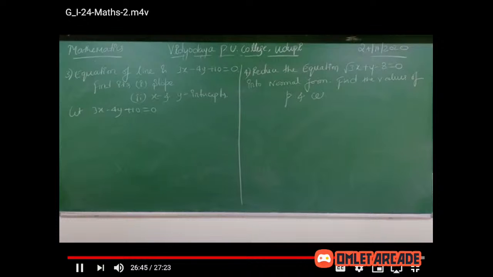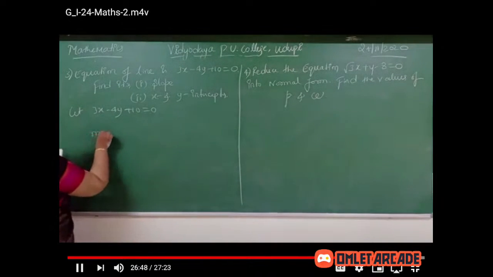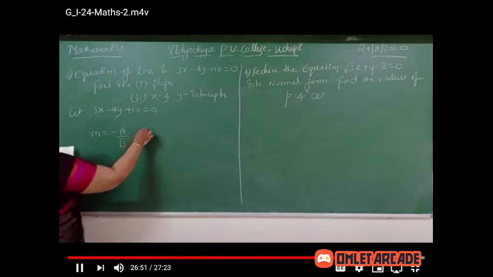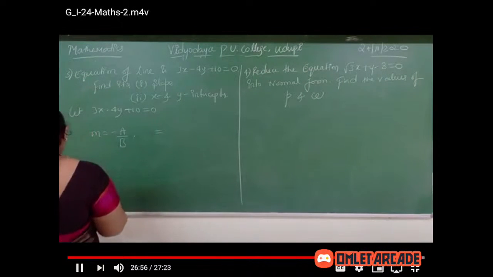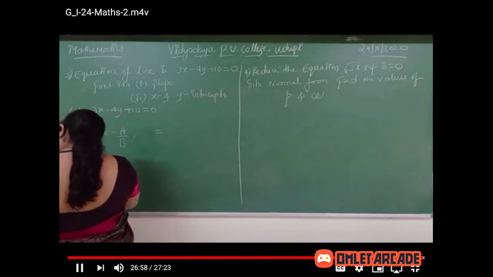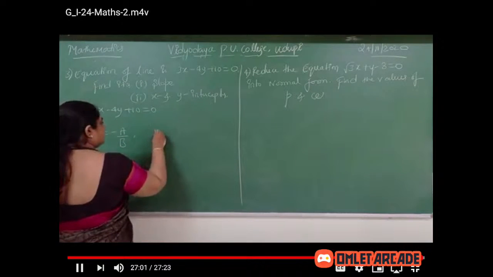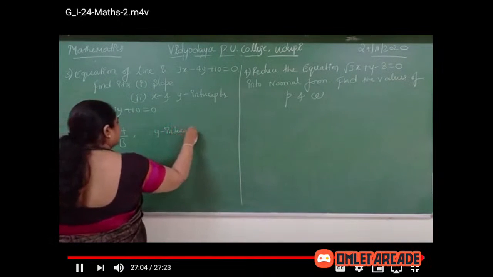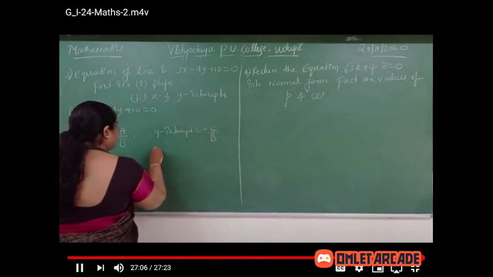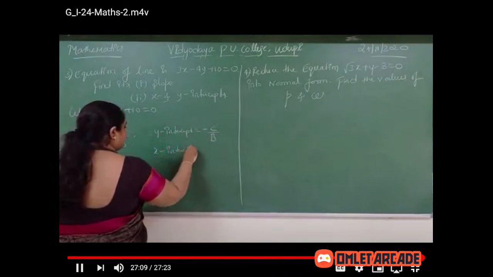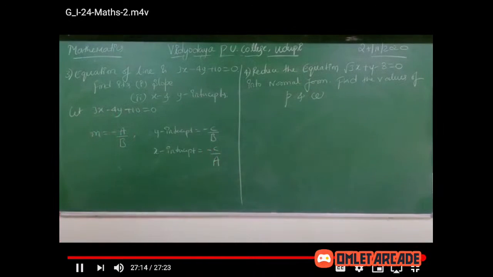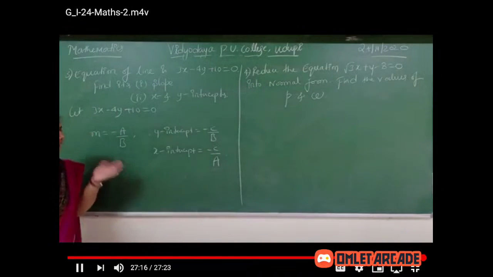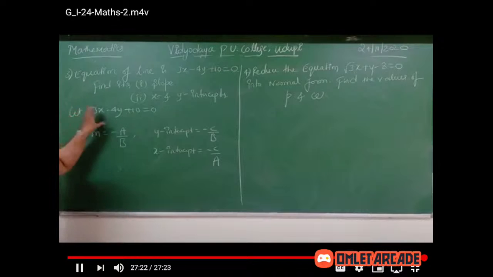The formula was m is equal to minus a by b, and the y-intercept is minus c by b, and the x-intercept is minus c by a. Using these formulas, you can find the slope and the x and y intercepts directly, when you compare this equation with the general equation form.